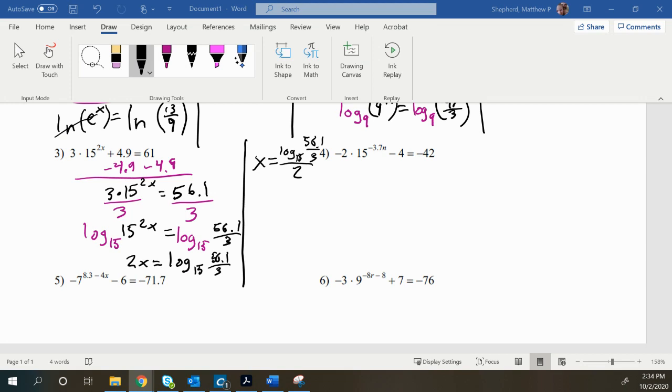Okay, so then you just type that in. Log of 56.1 thirds, all over 2.